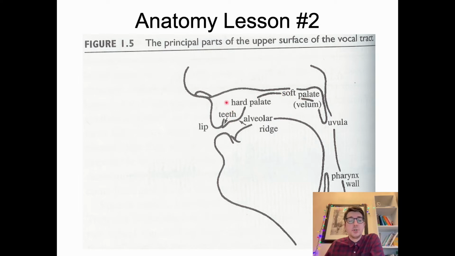If the tongue is hitting the alveolar ridge, then we are talking about the alveolar sound. If the tongue is hitting the hard palate, we're talking about the palatal sound, and so on and so forth. That's how we describe the place of articulation.